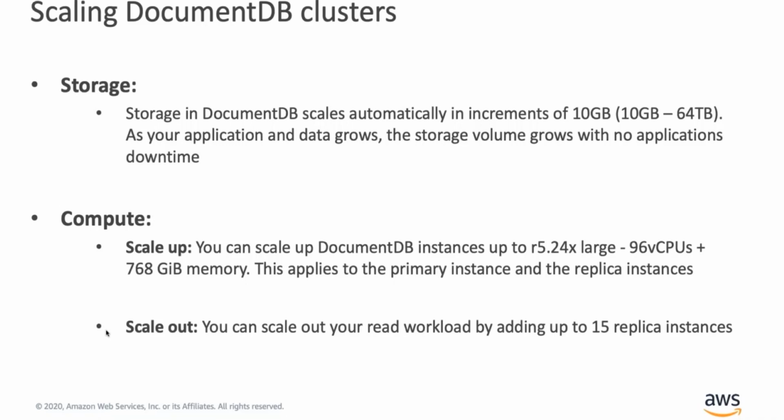So every cluster can have, just to reiterate, one primary instance and up to 15 replica instances. And oftentimes we'll see customers start with one primary, one secondary, then they'll add another secondary, and then they'll add a couple more. They typically do this because their read workload essentially grows, the number of queries they're running increases, and they start routing it across different replica instances.